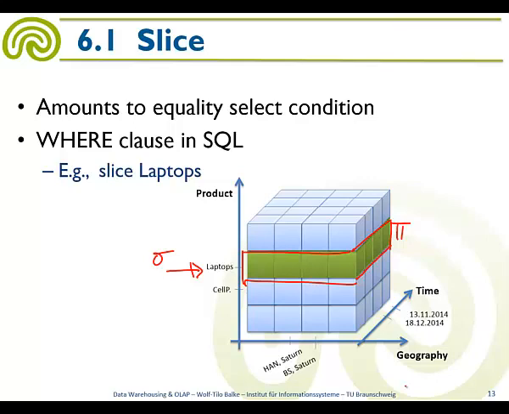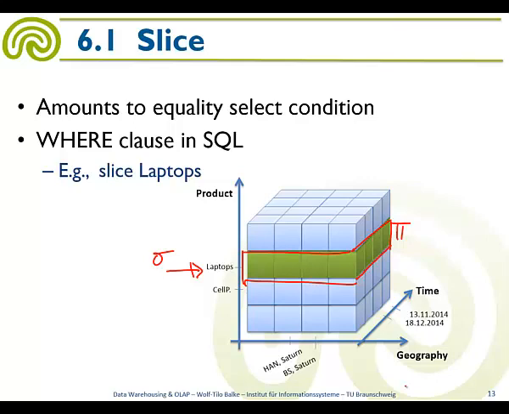So you can immediately plot these numbers in different diagrams. For each measure you get a diagram that is 2-dimensional, here with geography and time and the number of laptops, right? And then you can slice for different product groups or whatever you want, right? But this is exactly the idea of a slice. Since you usually analyze things in lower dimensionalities, you slice them out.